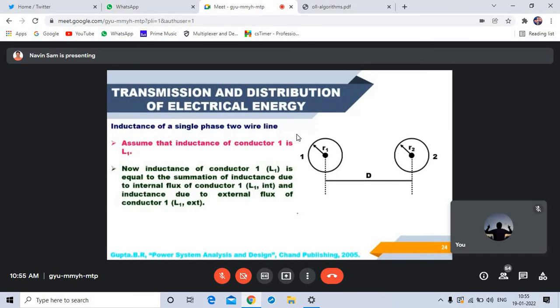That if you are adding, you will get inductance L1. You may take down.